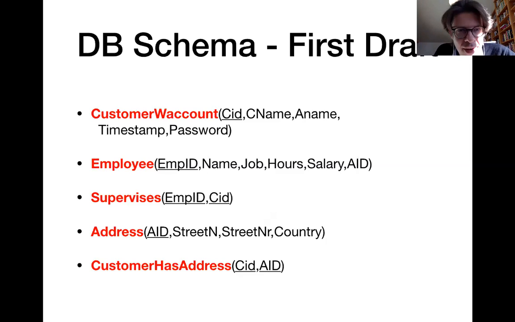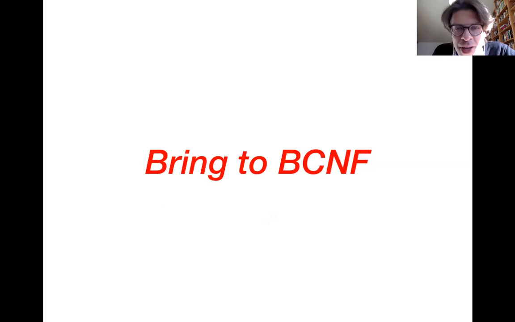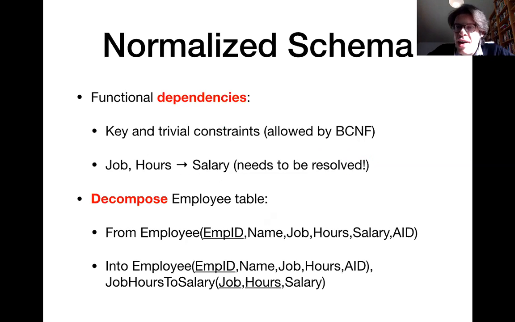All right, I think we have to wrap it up here. But the way to get to a Boyce-Codd normal form, or to verify first of all whether the initial schema might already be in Boyce-Codd normal form, first of all needs functional dependencies. So in this description of the scenario, we have a few functional dependencies given.